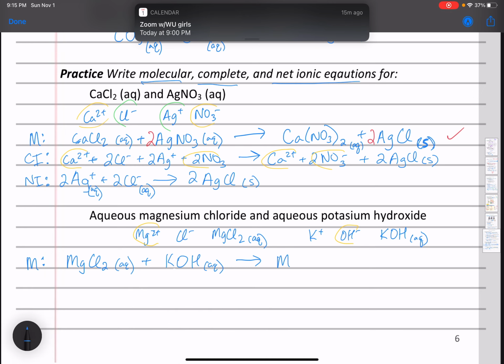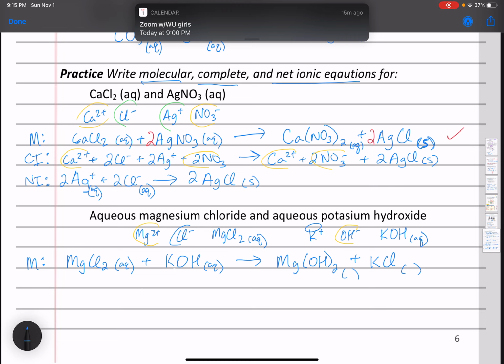So we get Mg(OH)2 because hydroxide has a 1- charge, magnesium has a 2+ charge. And the chlorine and the potassium are going to pair together. That's potassium chloride. So now we need to determine which one is aqueous and which one is a solid.